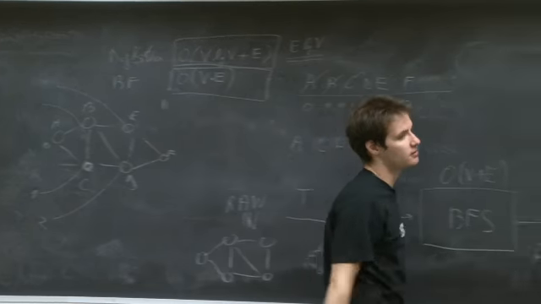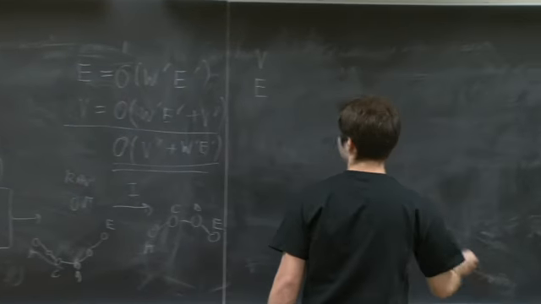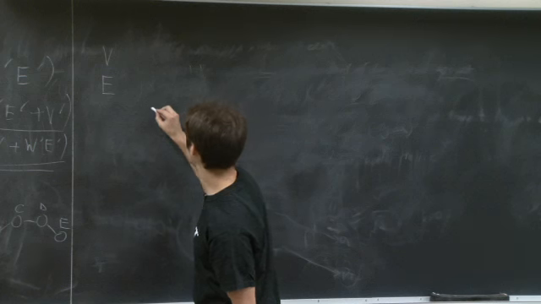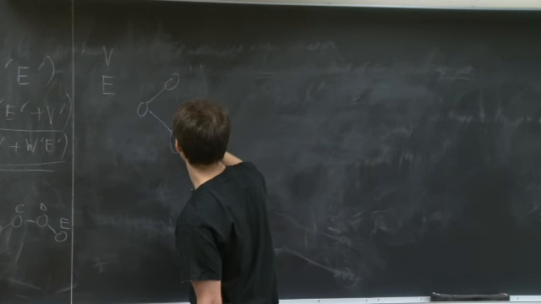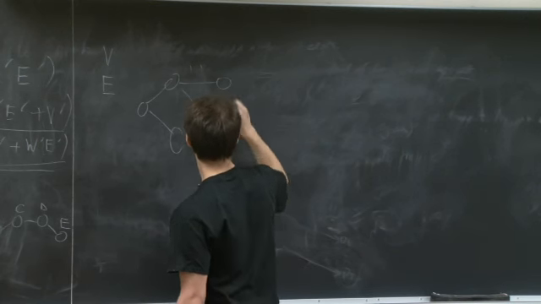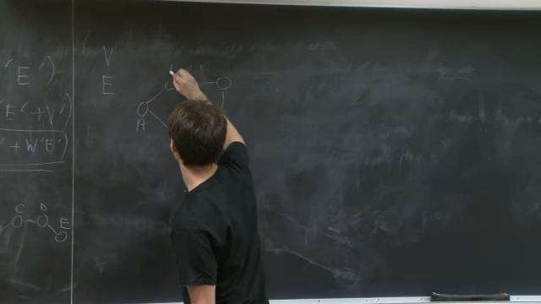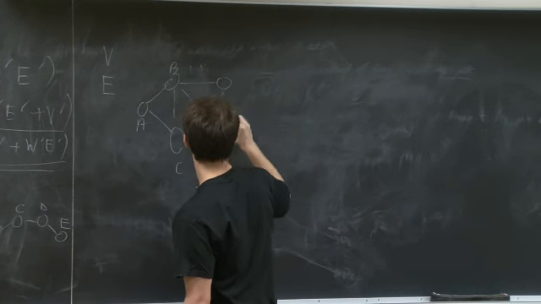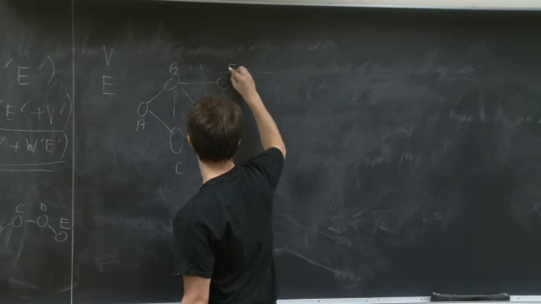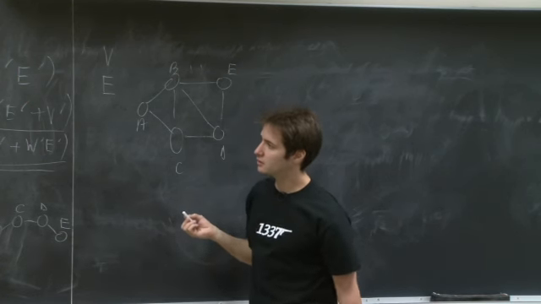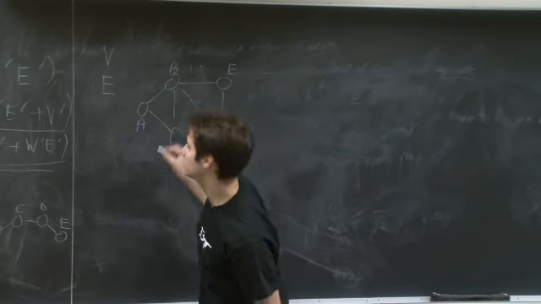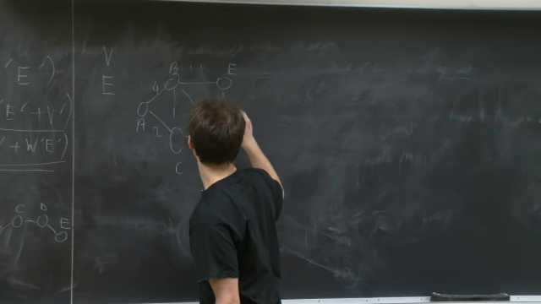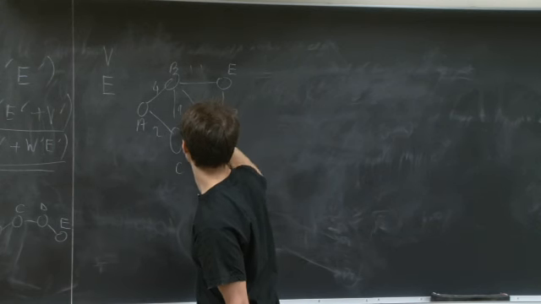So we're going to use these as they are. We have a graph with V vertices and E edges. A, B, C, D, E. And let me copy the costs really quickly. 4, 2, 1, 2, 1.